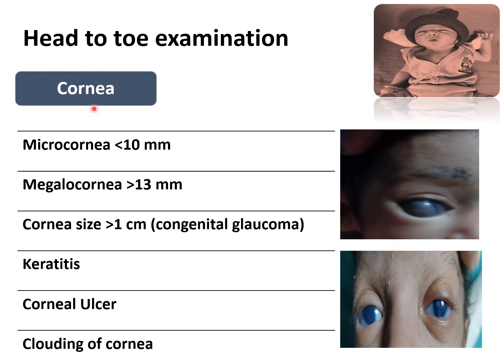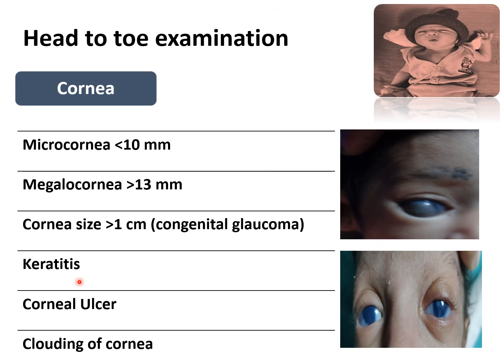Then check the cornea. We label microcornea whenever size is less than 10 mm, and megalocornea whenever size is more than 13 mm. So normal size is between 10 to 12 mm, and corneal size more than 1 centimeter can be seen in congenital glaucoma also.